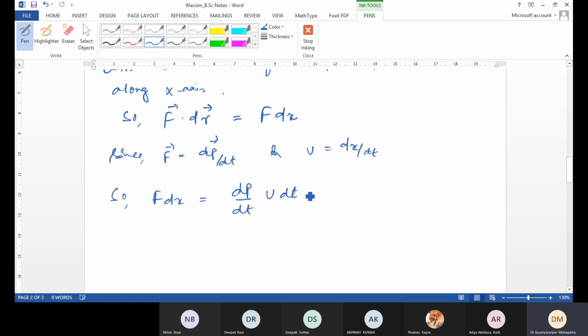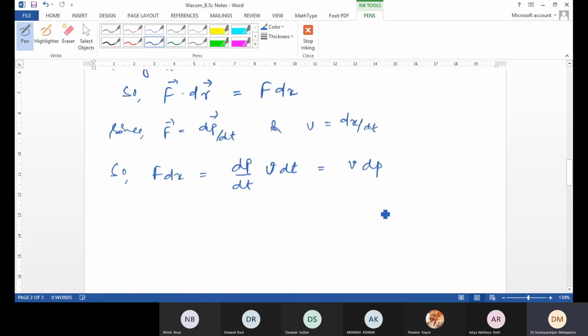If I solve this one, what will I get? I'll get v dp, isn't it? This is velocity. Okay, v dp, isn't it? Yes or no?